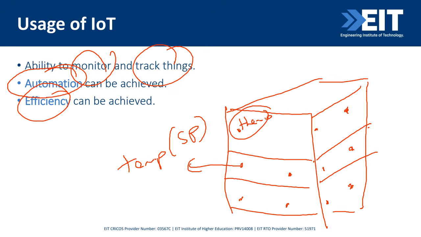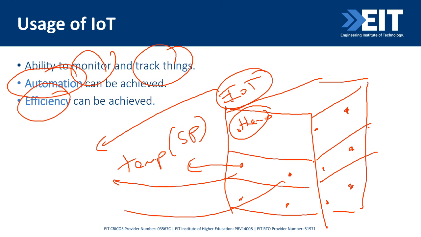So now in IoT, all those thermostats are IoT devices, so they can connect to the internet. We get the data from all those IoT devices onto a server. And we are recording all this data.